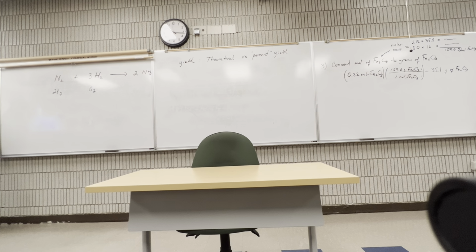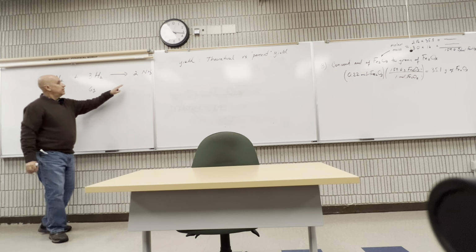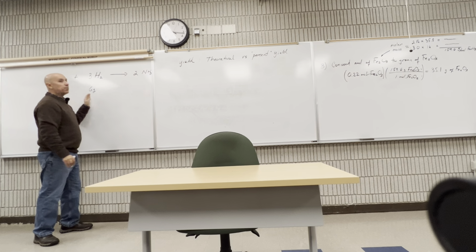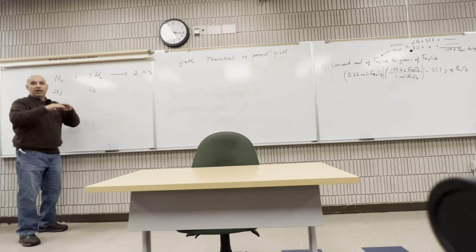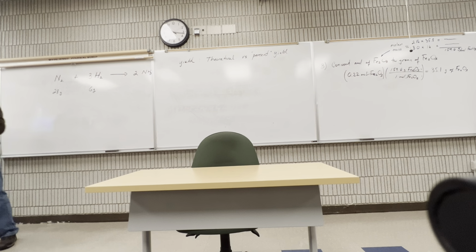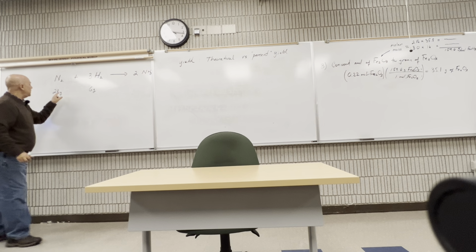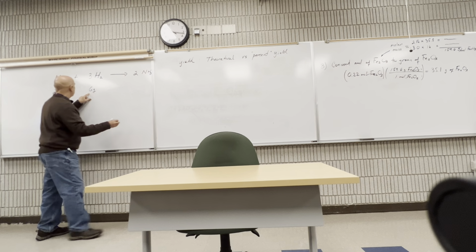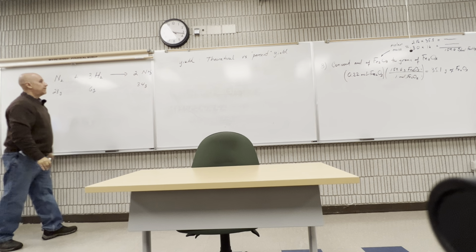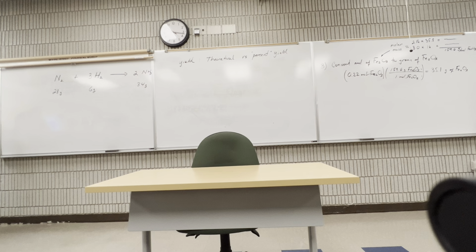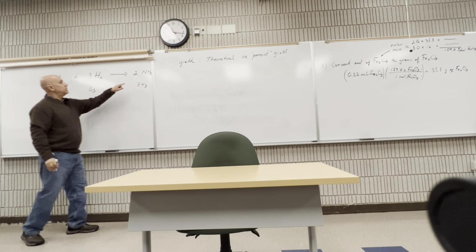So the theoretical yield in this case would be that number plus that number. Because everything is being consumed, nothing is left over, we cannot create nor destroy matter, the theoretical yield would be 28 plus 6, 34. Now, let's see if that matches.